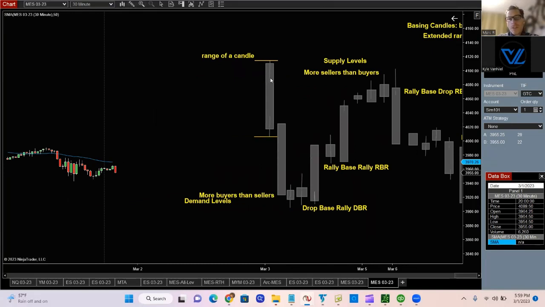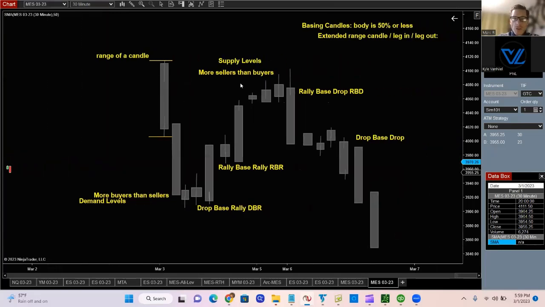It just happens to be the color I chose to make the wick. Okay. So it's the wick at the top of the candle to the wick at the bottom of the candle. That's the range of the candle.